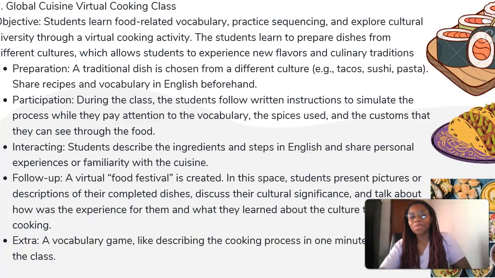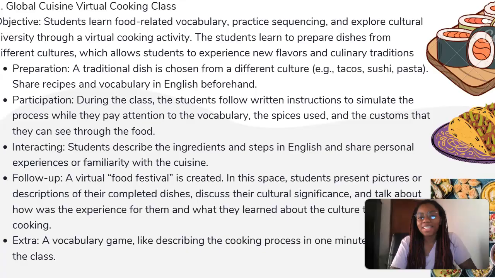Something else that we will be doing is this global cuisine virtual cooking class, because the objective is that the students can read and also learn food-related vocabulary and practice speaking and explore cultural diversity through a virtual cooking activity. What's the point? The point is that you guys as students can learn to prepare dishes from different cultures and learn new flavors and culinary traditions.